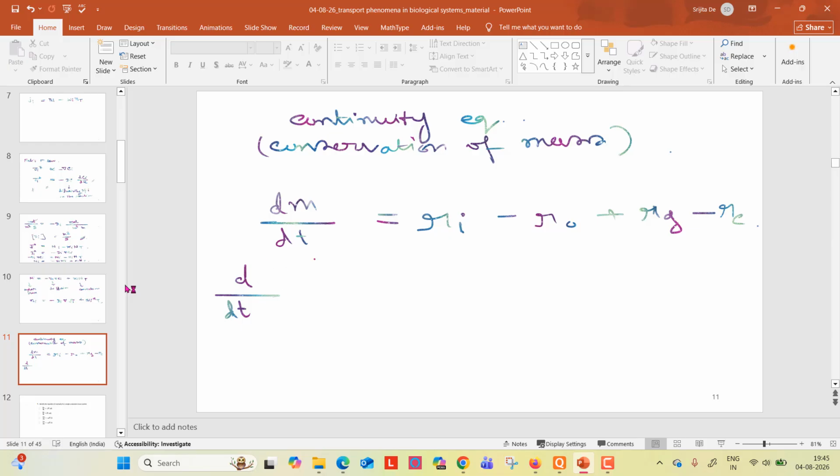If we consider a cube, and we are taking an infinitesimally small part to calculate our whole continuity equation, it will be m, that is rho, v means delta x, delta y and delta z, right?